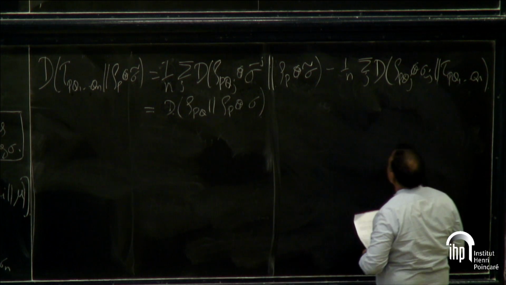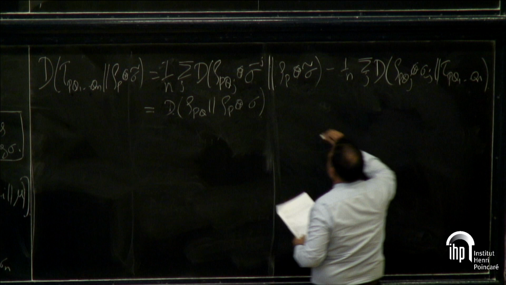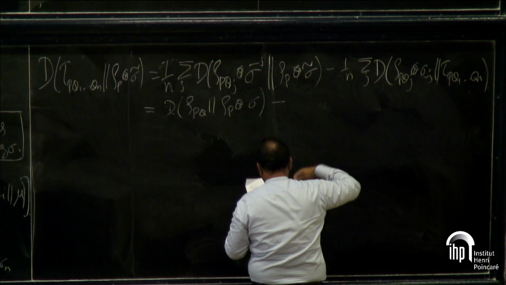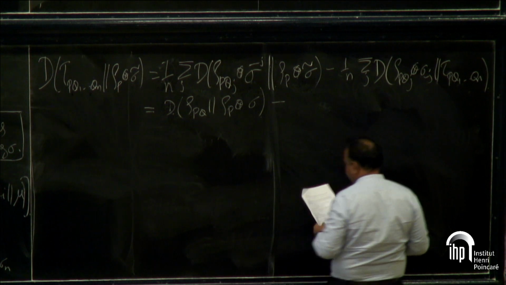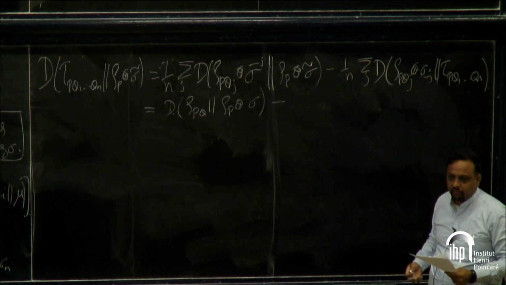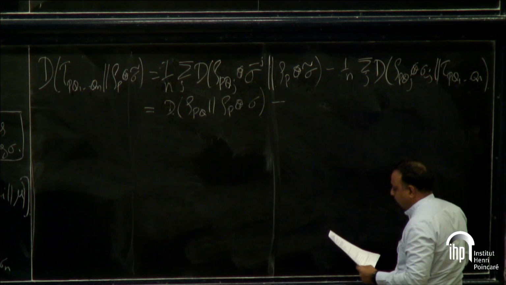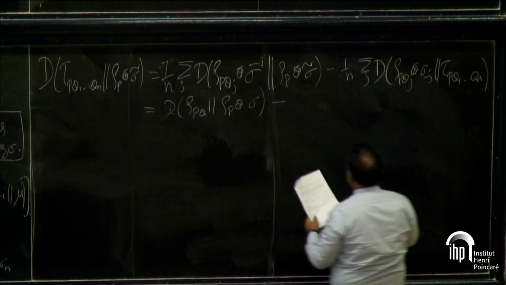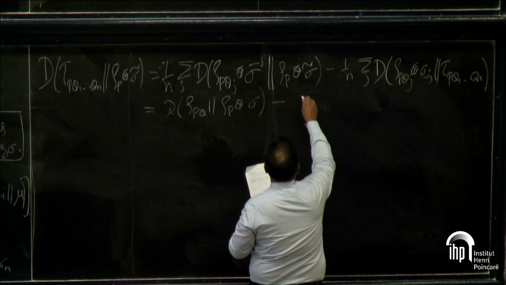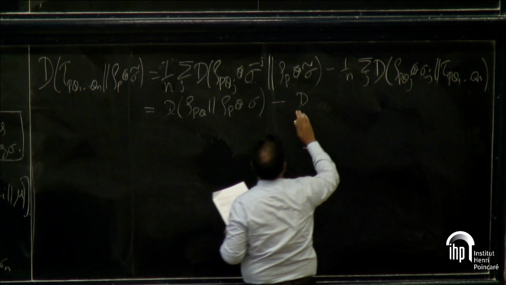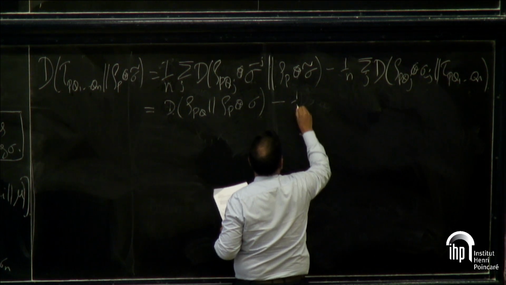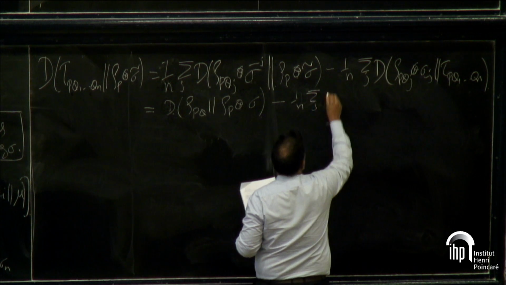Okay. And what about this second term? Here we can use the monotonicity of relative entropy, which will then tell us that this is, so this is equality. Maybe let me just write equality as is for now.